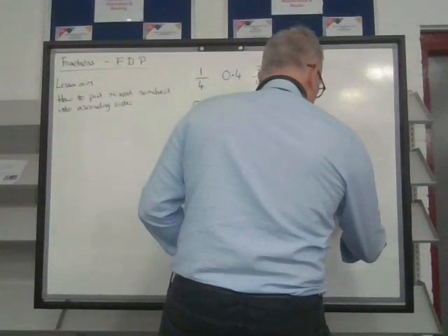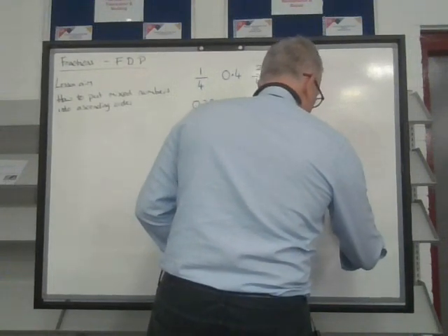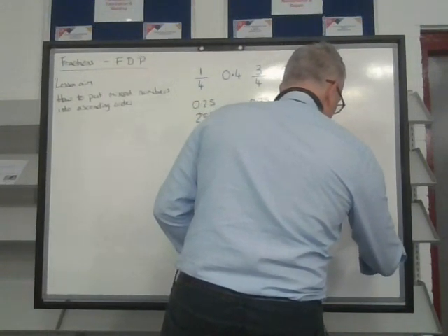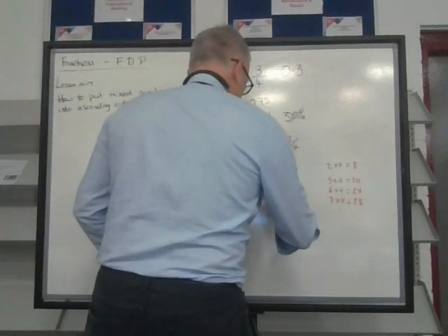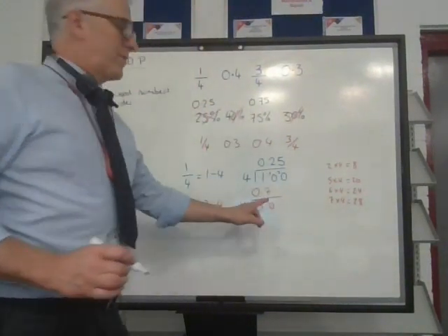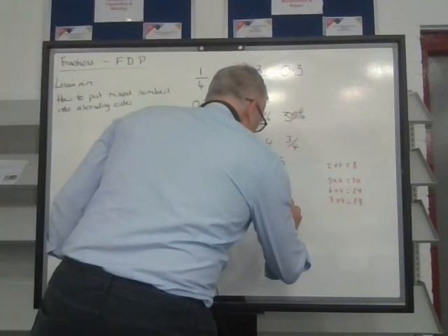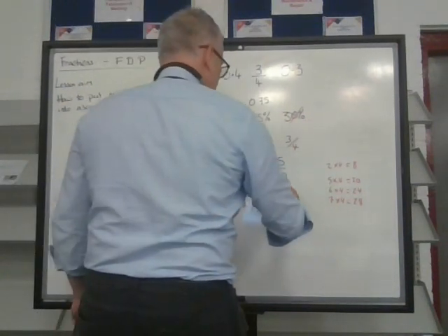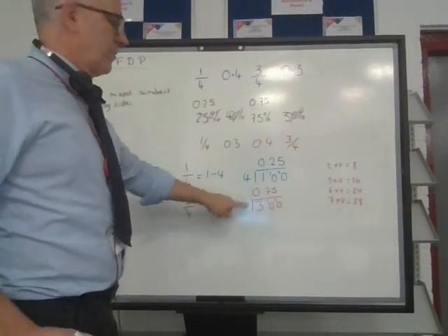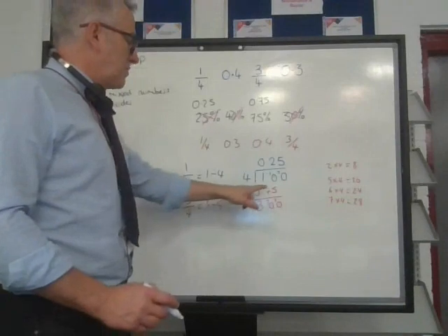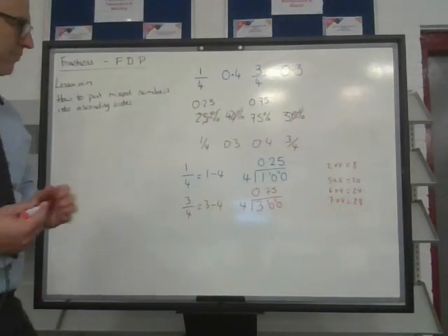So 6 times 4 is 24. 7 times 4 is 28. 4s into 30 go 7 times. 28, get from 28 to 30 and 2, so remainder 2. 4s into 20 go 5 times. 3/4 is 0.75. Just proved it there. Times that by 100 gives you 75%.